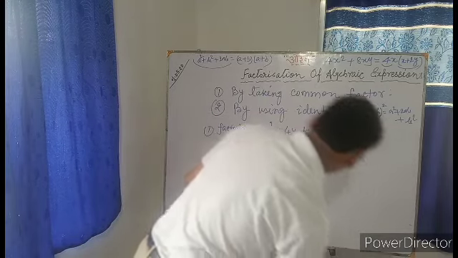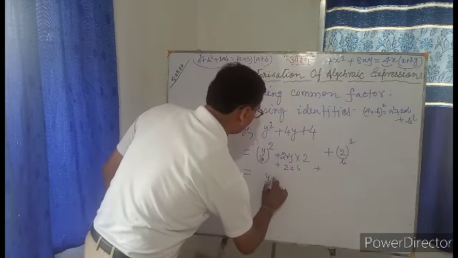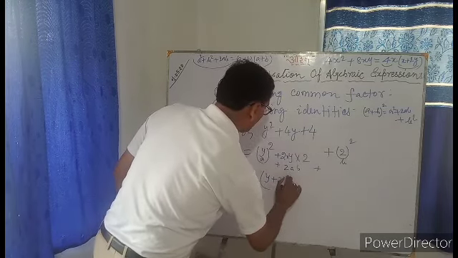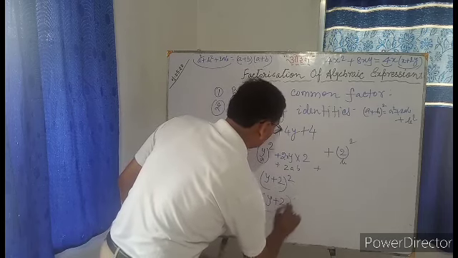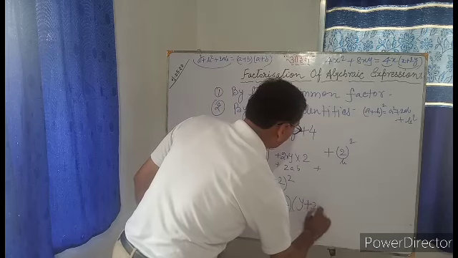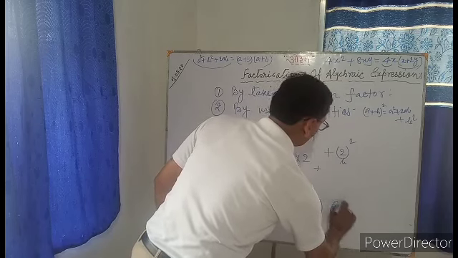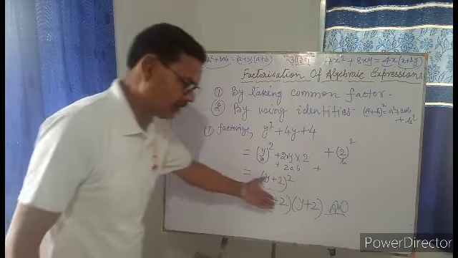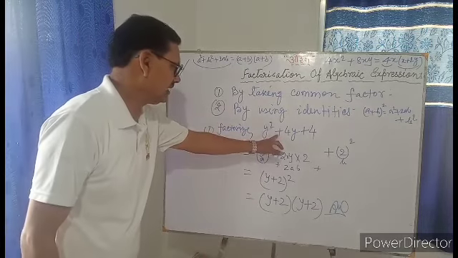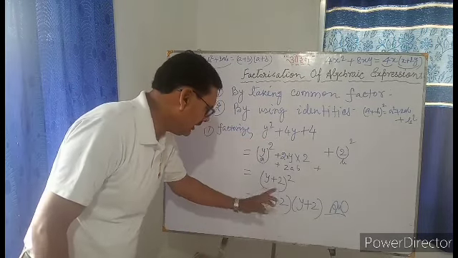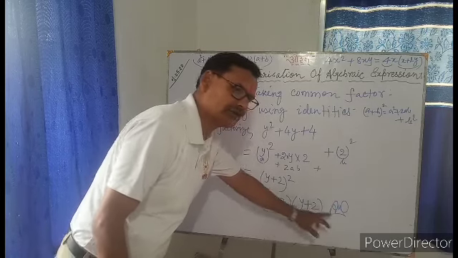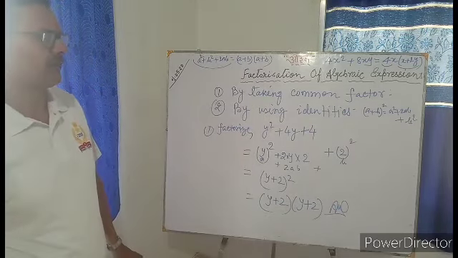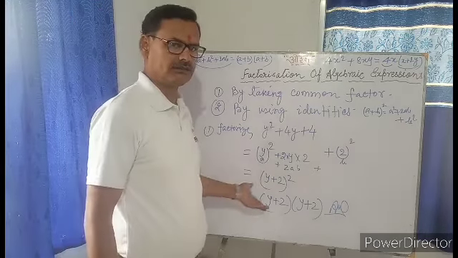So the expression is y plus 2 whole square, and this can be written y plus 2 into y plus 2. Now we have got the factors. This expression is written in the form of a product of two factors, y plus 2 into y plus 2.